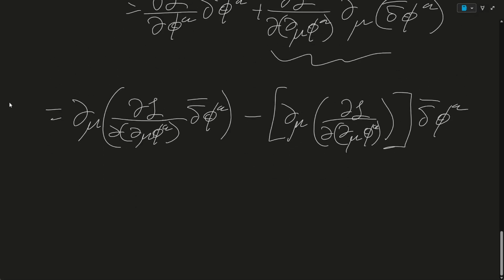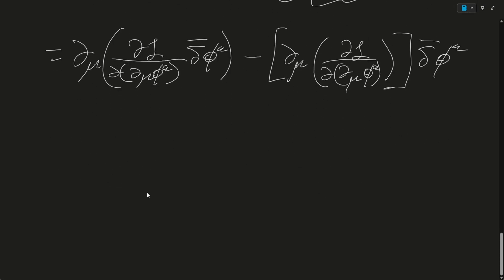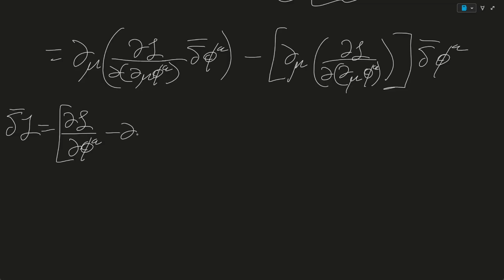It all is meaning. And now we can substitute this back into our original expression, and I'm just going to group some terms in my head, because if I wrote it all out, it would be too large. So then our change in our Lagrange density, our intrinsic change, is going to be this dL d phi A minus our derivative with respect to mu of, I'm going to have nightmares of this after, I did these notes earlier, of this stupid derivative.